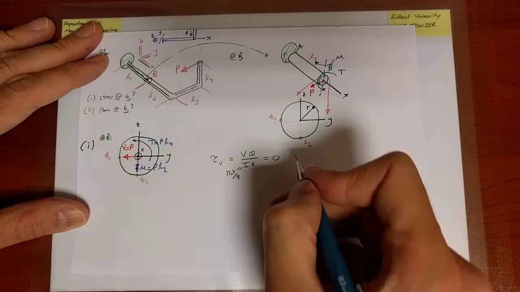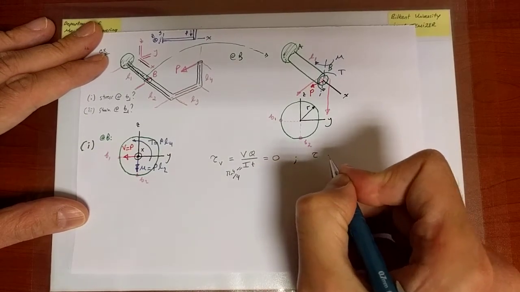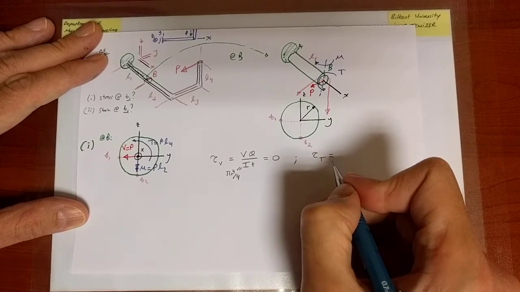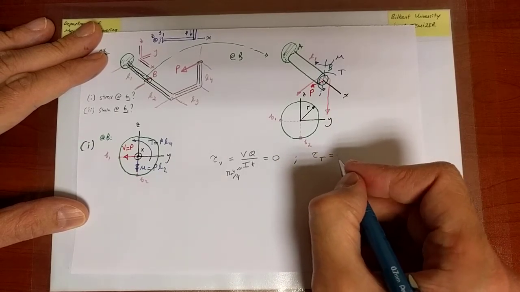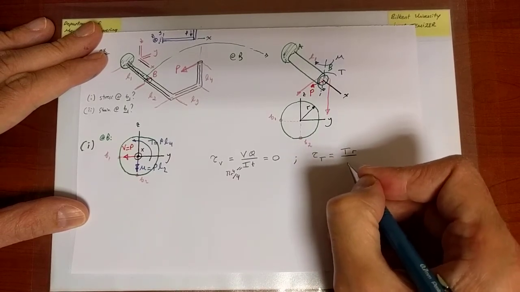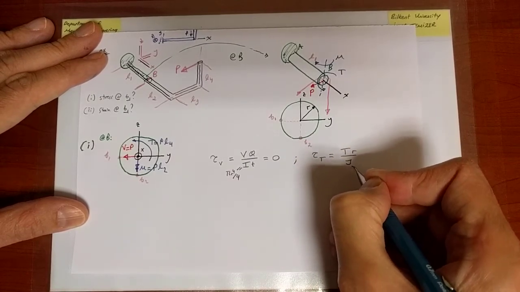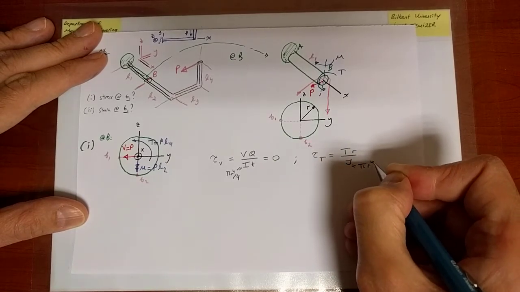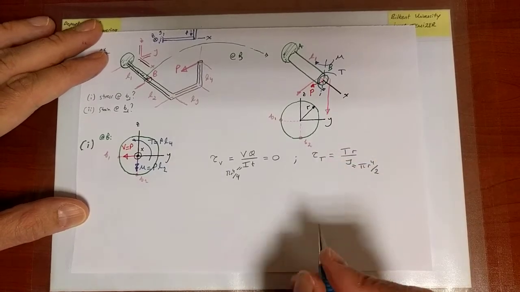The next thing I can look at is the shear stress that is associated with the torque. Now the shear stress is equal to Tc over J, or in this case c is the radius, Tr over J. And J is πR to the 4th over 2.